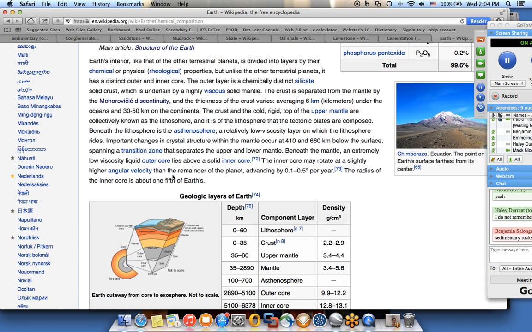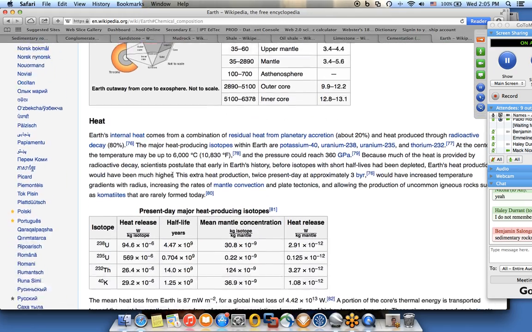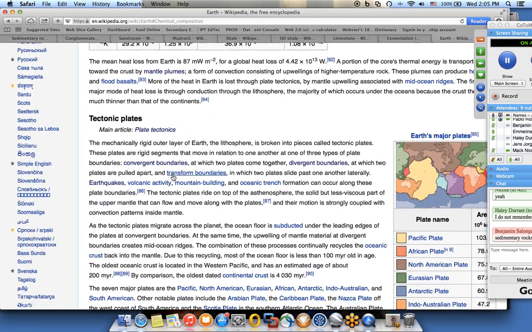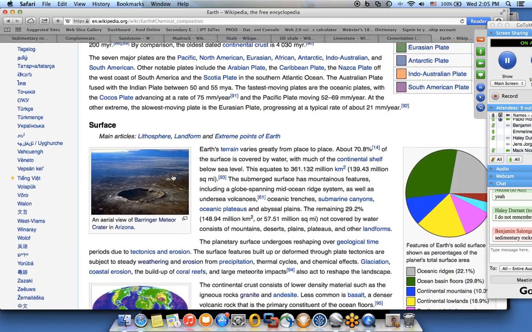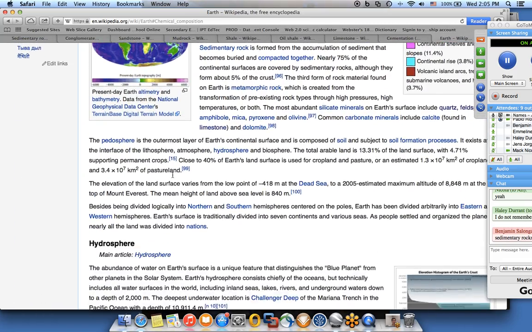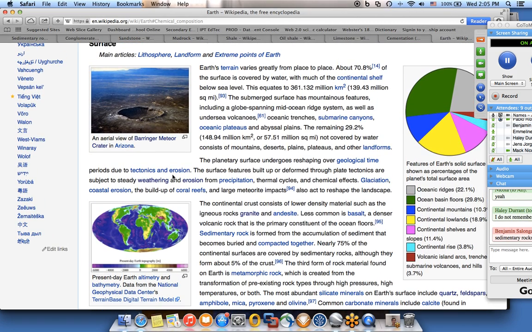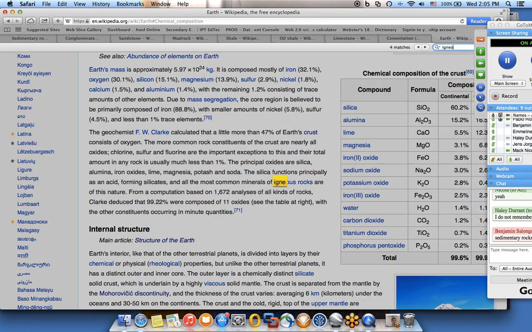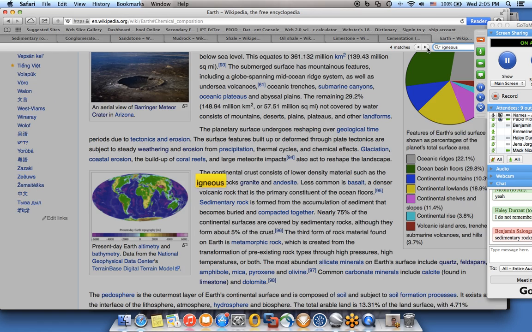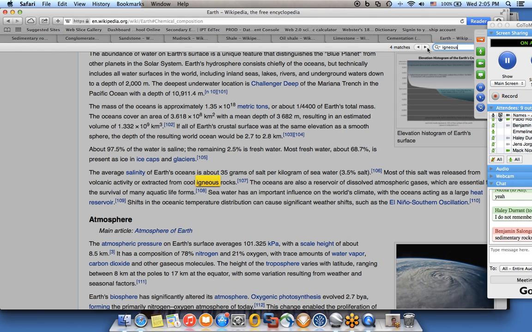It was talking about all the different elements that compose the Earth, the tectonic plates and everything, the geology. There was one place here, let's see if I can find it, igneous. No, it wasn't over here.